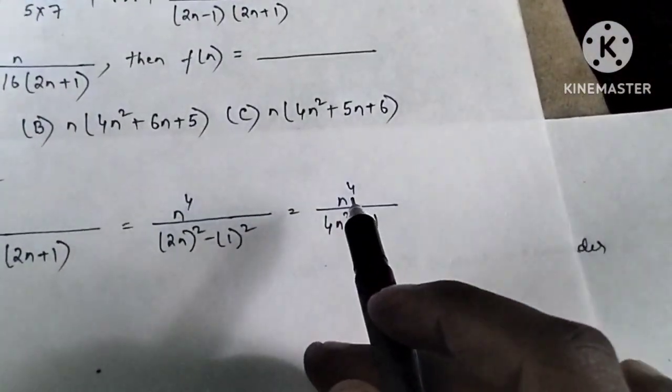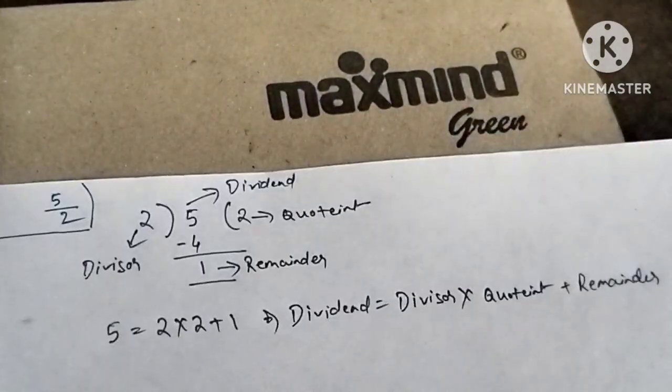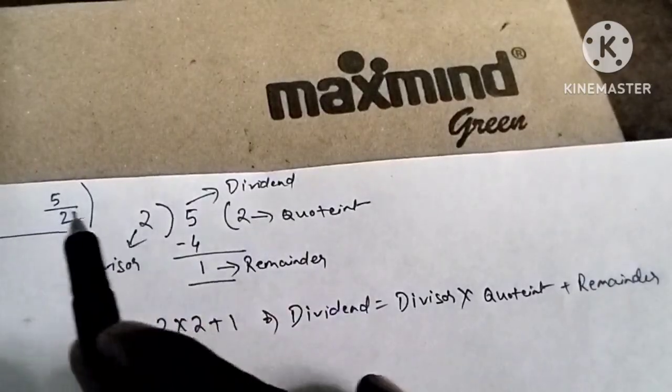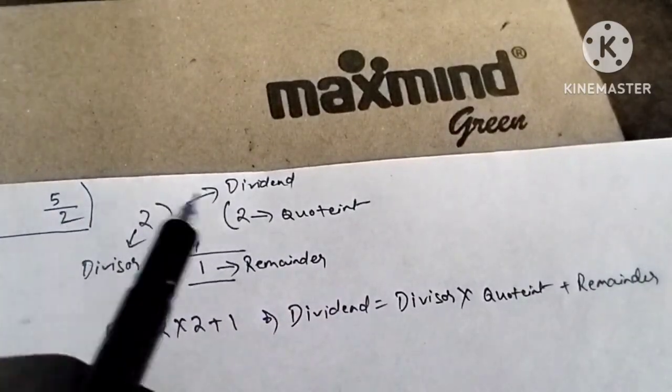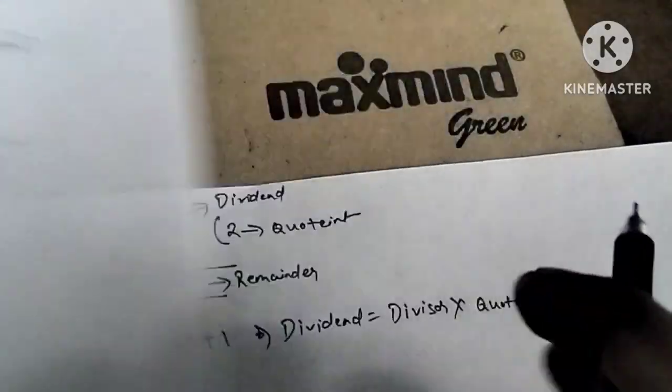So similarly, see here, n to the power 4 is in the numerator, like in 5 by 2, 5 is the dividend, 2 is the divisor. So here the dividend is n to the power 4 and this is the divisor.